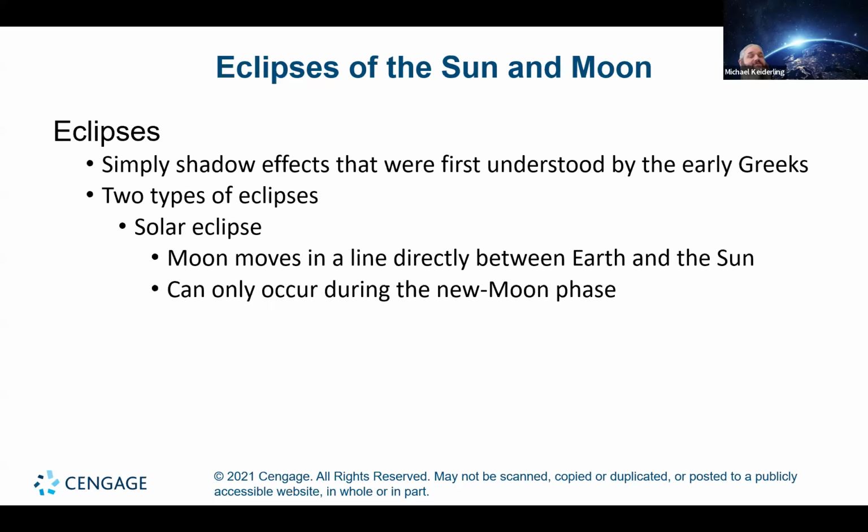When the moon moves in line directly between the Earth and the sun, this can only occur during a new moon phase. And the area affected by a solar eclipse on Earth is quite small, because the shadow of the moon only covers a very small point.